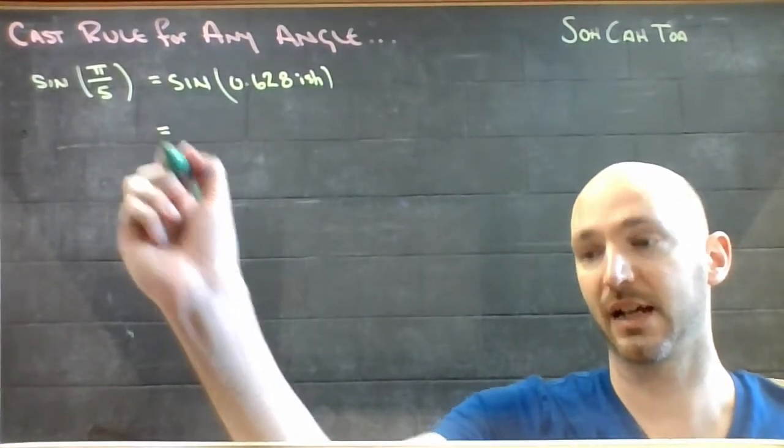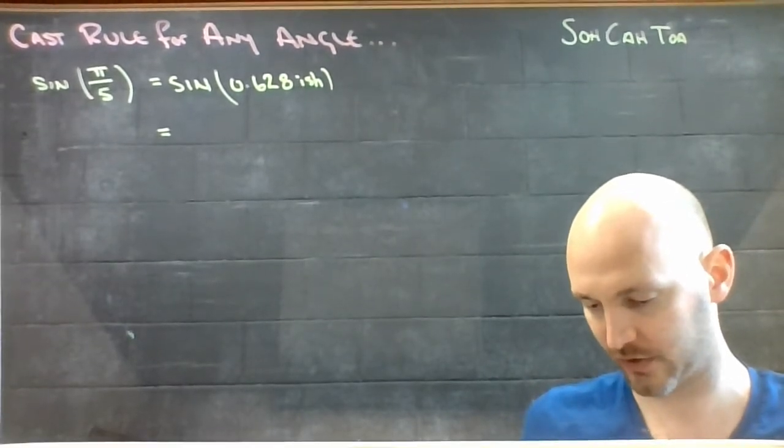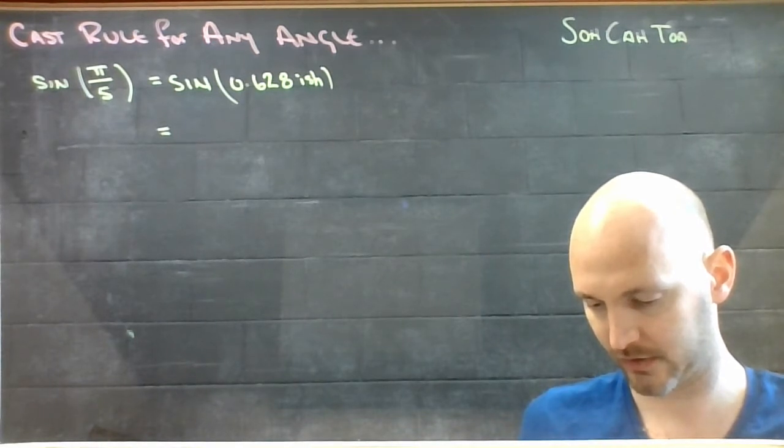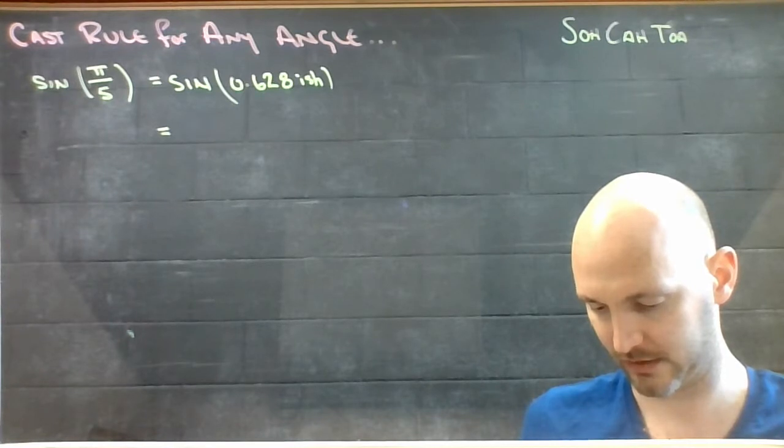If I hit the sine button on that and I make sure that I am in radians, how do I do that on this machine? Oh, there it is.